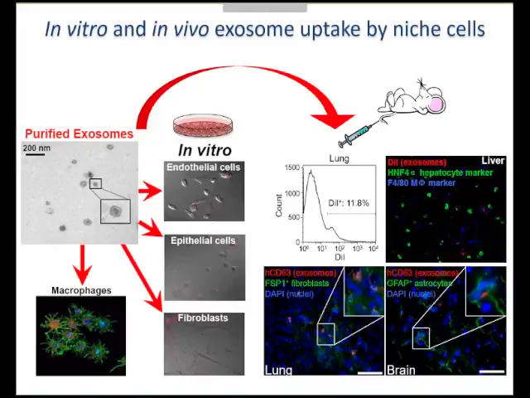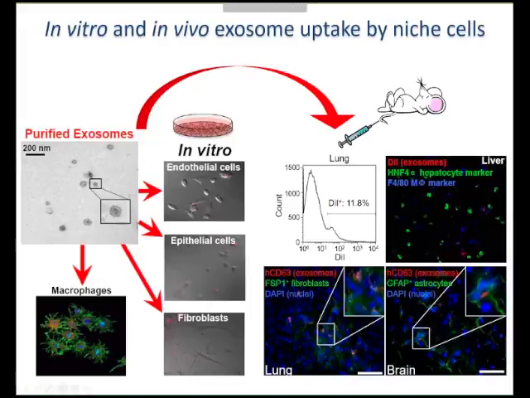In this case, the exosomes we use in the lab, those secreted by breast cancer cells or mammary epithelial cells, at least in liver, do not affect hepatocytes but only go to the macrophages.